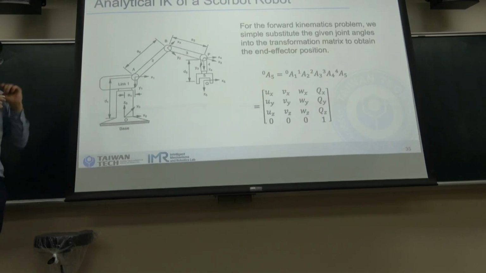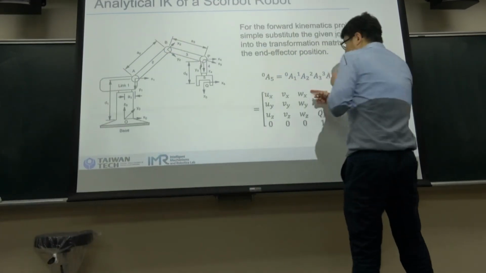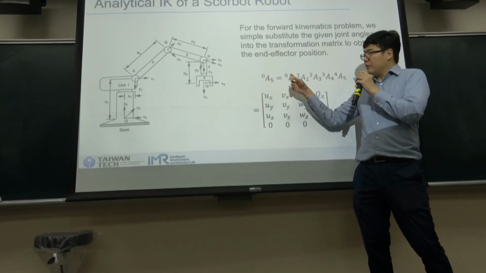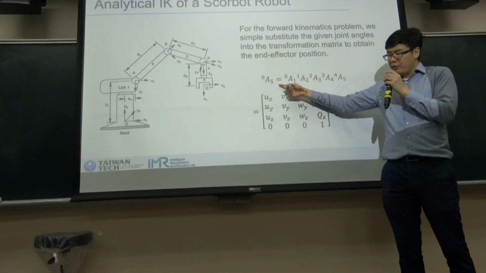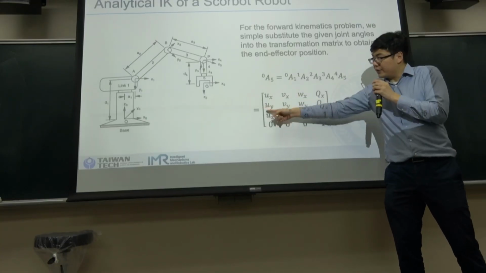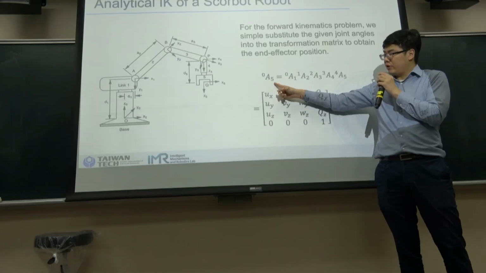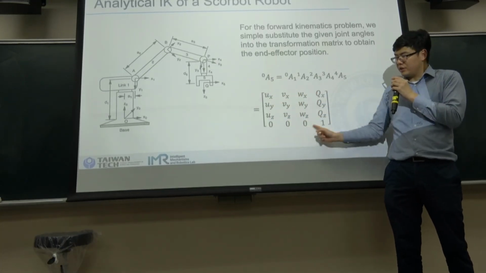And we want to find the inverse kinematics. For last week, I think you have also learned how to derive the transformation matrix from the base frame to any other frame. If we multiply all the transformations together, then we have a transformation from the base frame to the end effector frame, which is a 4 by 4 transformation matrix.